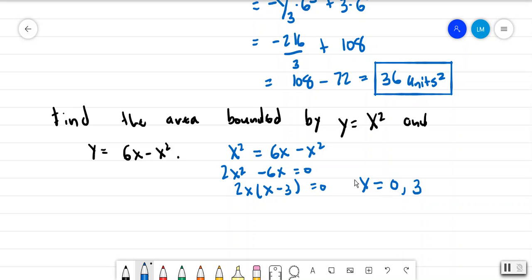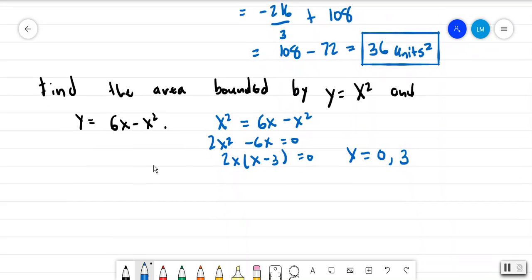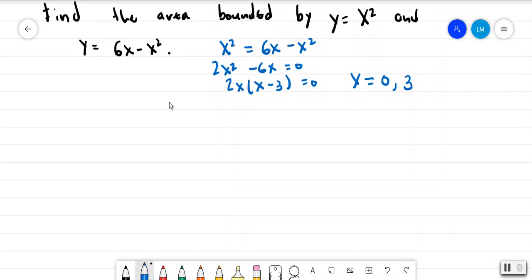Now, I mentioned earlier that if you have trouble figuring out which one is which, you can always just plug in an intermediate value. For example, let's say this is f of x, and let's say this is g of x. If you have f of 1, you get 1 squared, which is 1.